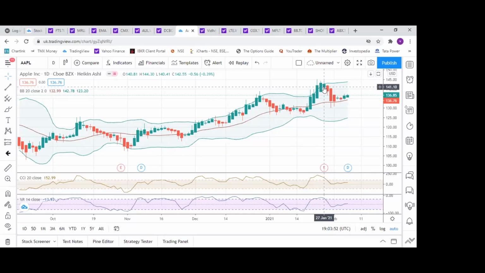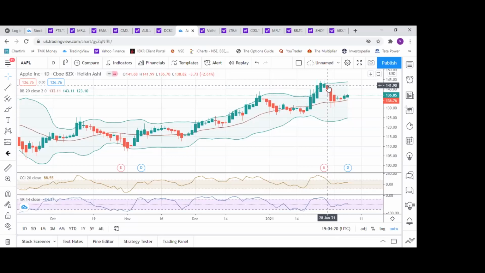So the next day I will keep the low of this as my stop loss, which is 140.41. At 140.41, I would have been out, which it did touch the next day. If I'm watching it on a daily basis and keeping a trailing stop loss, I would have been out.